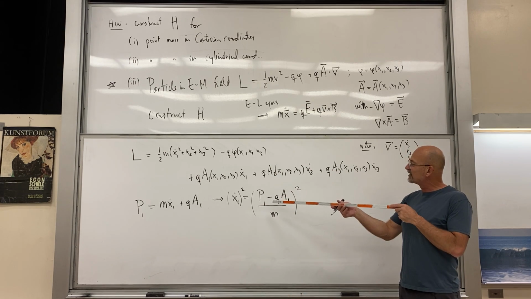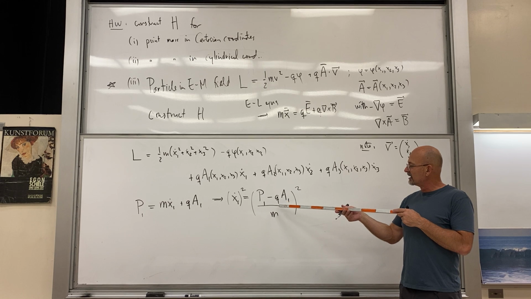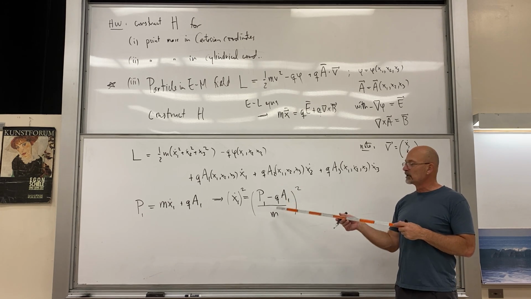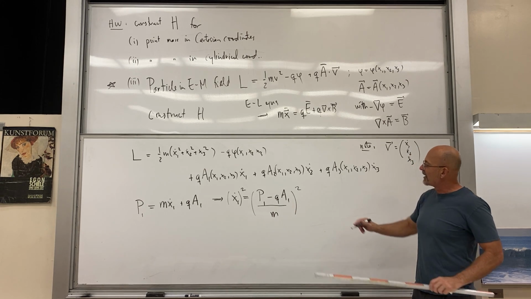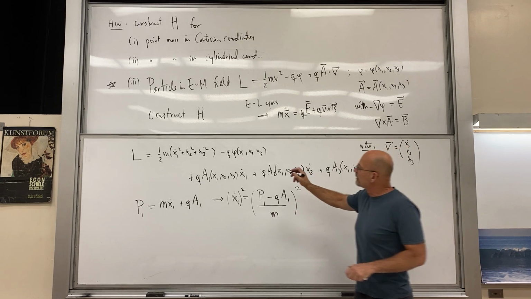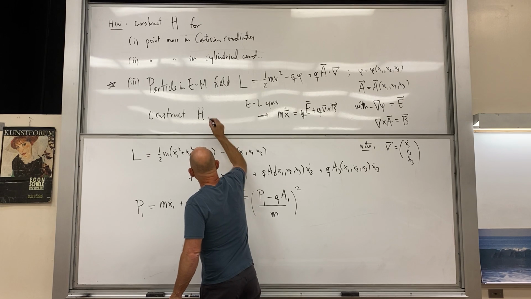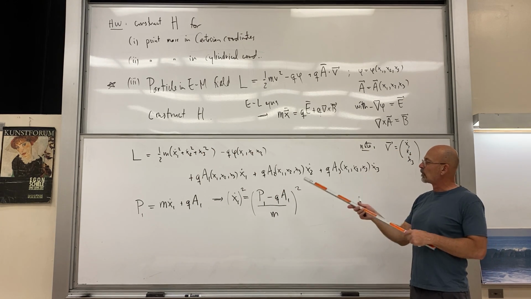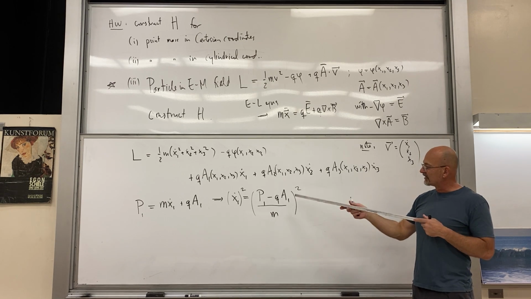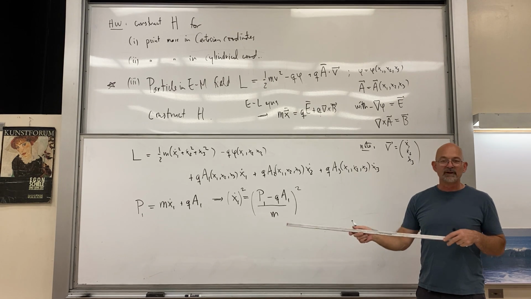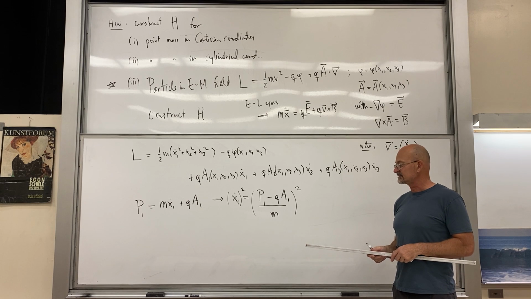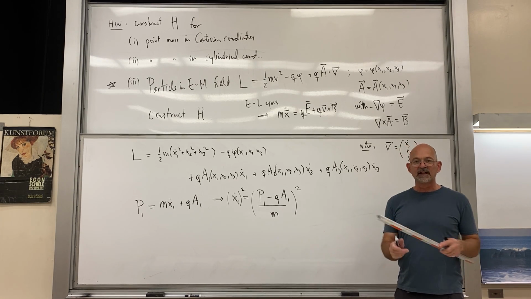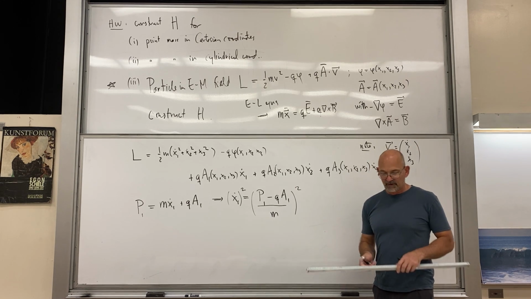Do not expand this expression because you'll just make it complicated. We don't need it expanded. That's how you do this one, and you'll get your Hamiltonian, and then you'll have that in your book of golden results. And when you study quantum mechanics and atomic physics, then you'll know where that particular Hamiltonian comes from. I still remember I didn't know where it came from the first time I saw it, but you guys will know. Good.